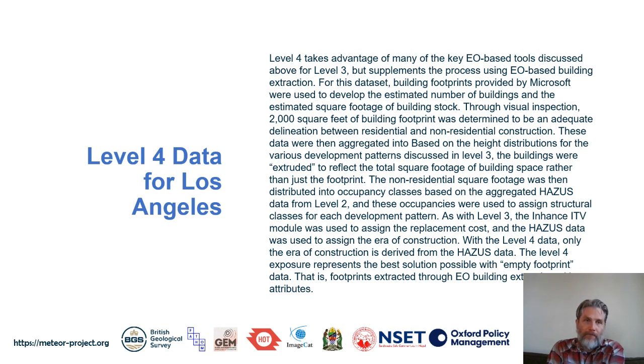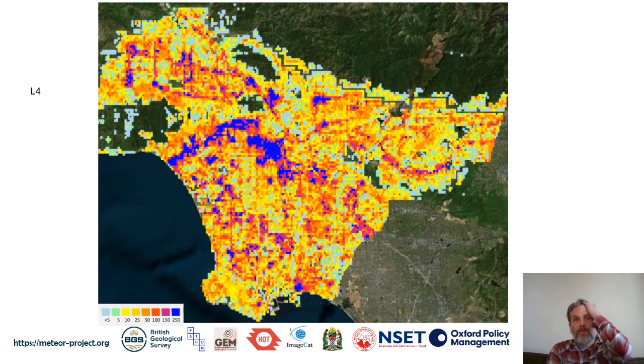So one would assume that having that footprint would give you a better idea of the square footage, at least of how that building is represented on the ground, but then that has to be extruded to come up with the square footage of an entire area. So we use that for level 4, where the structural characteristics of level 4 is identical to what we have for level 3.